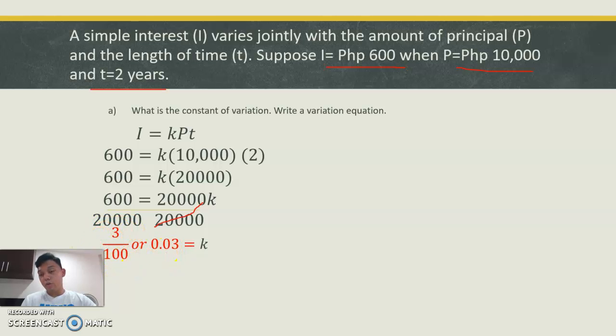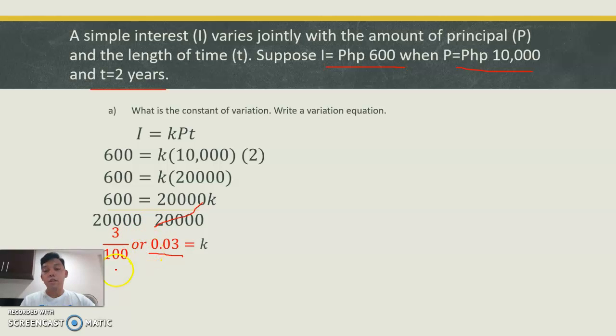Either way, we can get the value of what is being asked. Some will use the fraction, and some will use the decimal, so that depends. It's the same, anyway, since the value is not an irrational number.